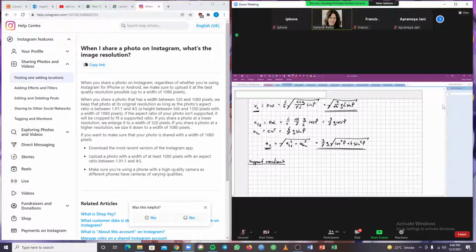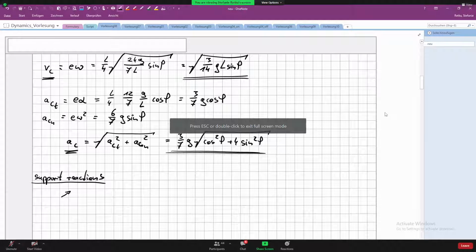So in my diagram, I drew the support reactions in normal and tangential direction. Then it would make sense to build the equilibrium conditions in normal and tangential direction as well.